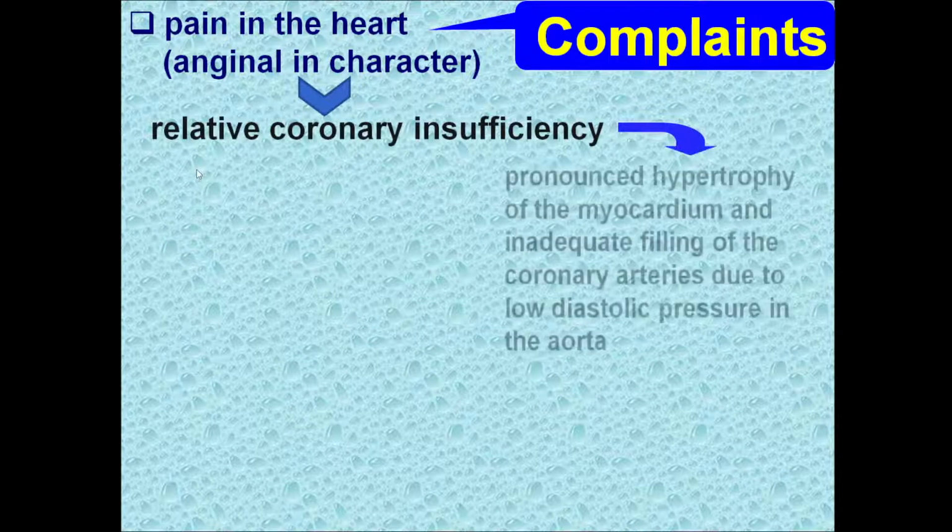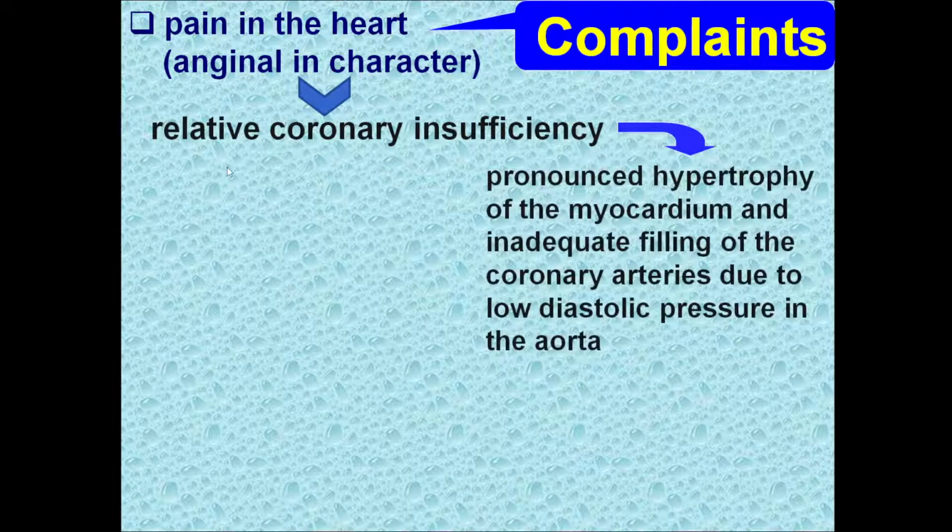As a result, relative coronary insufficiency develops, because pronounced hypertrophy of the myocardium needs more intensive blood circulation. It becomes impossible, first of all, due to the backflow of blood and due to low diastolic pressure.